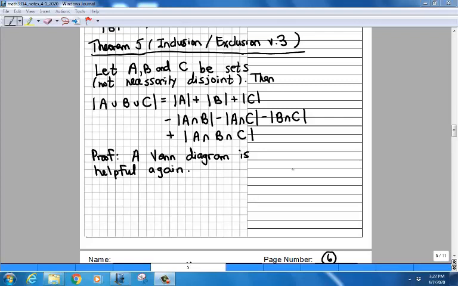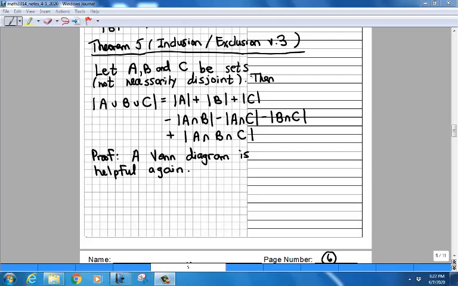All right, so I'm picking up in the notes where I stopped last Wednesday, and we were on to version 3 of inclusion and exclusion. Version 3 is just the right number for this theorem, because in this theorem we're going to talk about how to find the cardinality of the union of three sets, right?